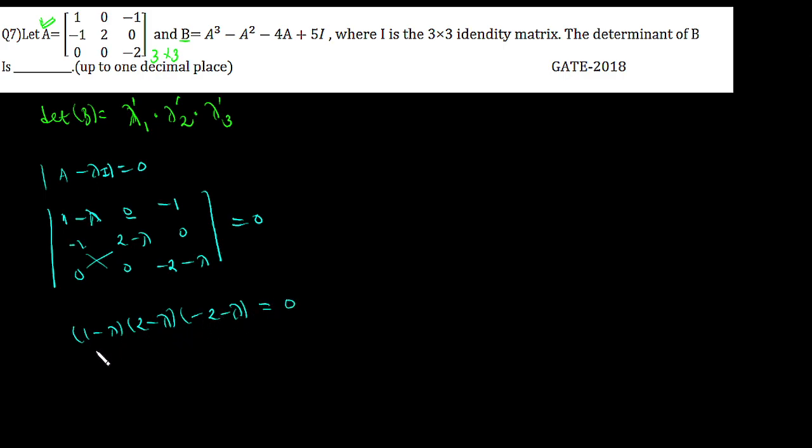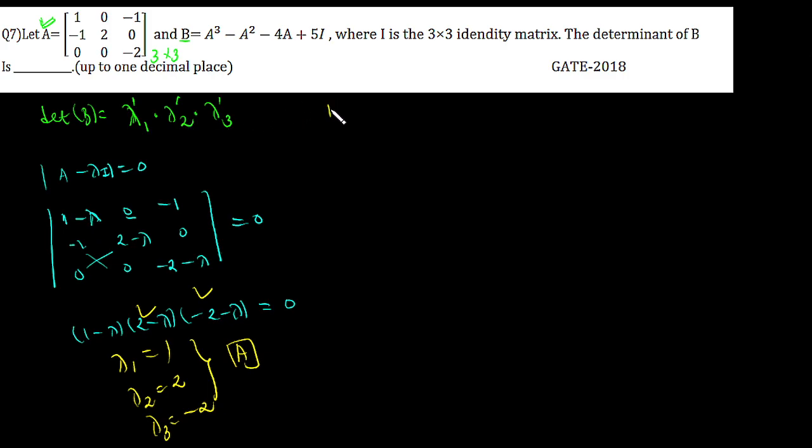Now one can say that the three eigenvalues for matrix A are lambda 1 equal to 1, lambda 2 equal to plus 2 from the second bracket, and lambda 3 equal to minus 2 from the last bracket.